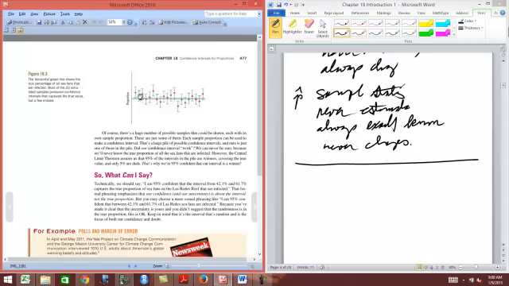Now, notice that the first confidence interval here does not contain p. And here's another one that doesn't contain p, and here's another one that doesn't contain p. So we have 20 confidence intervals, but 1, 2, 3 of them don't contain p.